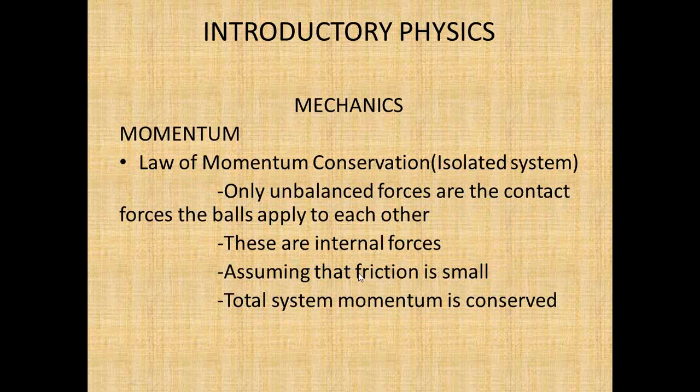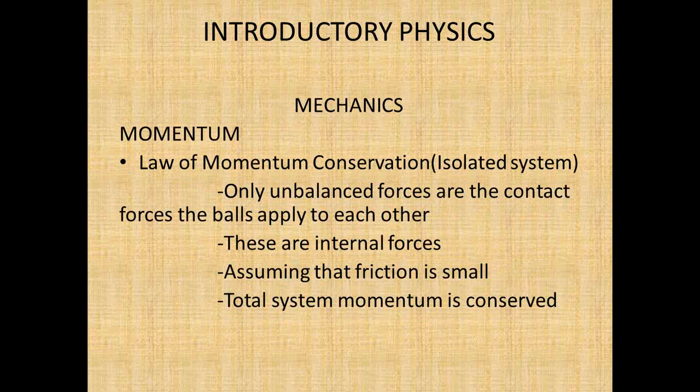You also have to assume that the frictional force is small. And if all these conditions are met, then the total system momentum is conserved. That is, the momentum before the collision is equal to the momentum after the collision. So that is what's important about the law of momentum conservation. The momentum before collision is equal to the momentum after the collision.